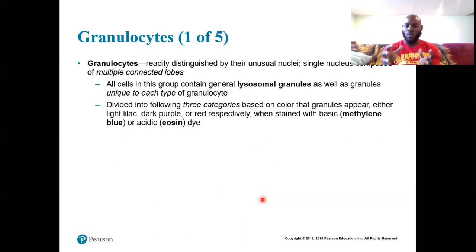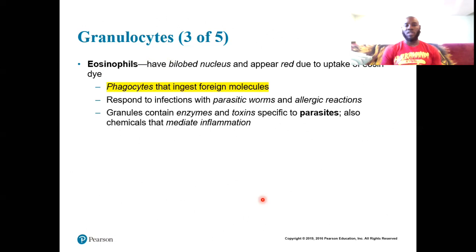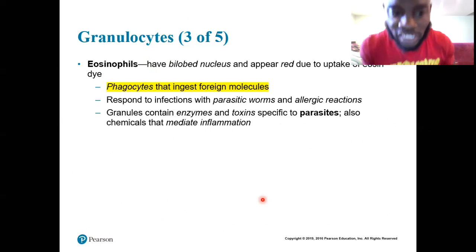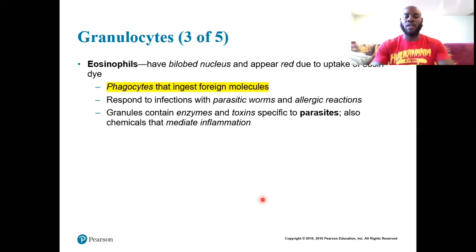So once these neutrophils or eosinophils absorb these bacteria or foreign objects, depending on which one it is, then the lysosomes can work to digest it, destroy it, basically. Okay, so this is how our immune system works, and we're going to go into more detail about the immune system later on.